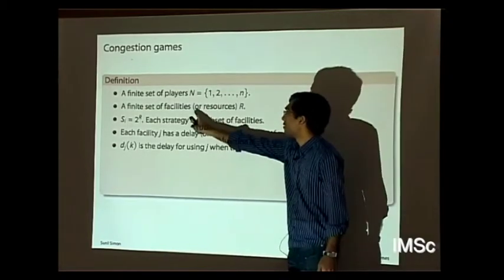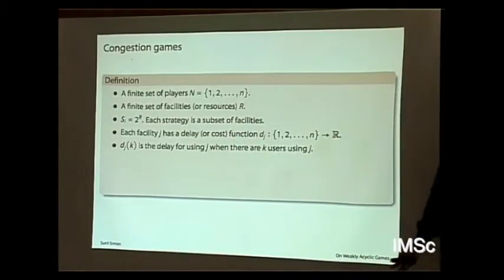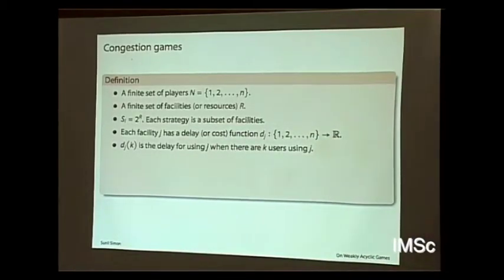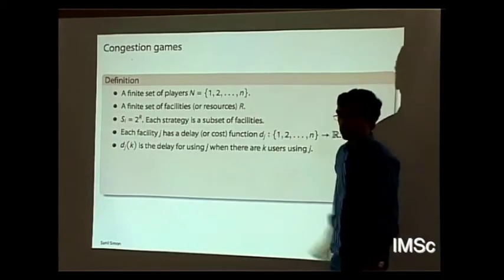There is a finite set of facilities or resources called the set R. You can think of these, for instance, if you take the road network, as road segments in this entire network. Or if you take a computer network, you can think of these as links in a computer network. So these are just some abstract set of facilities or resources.